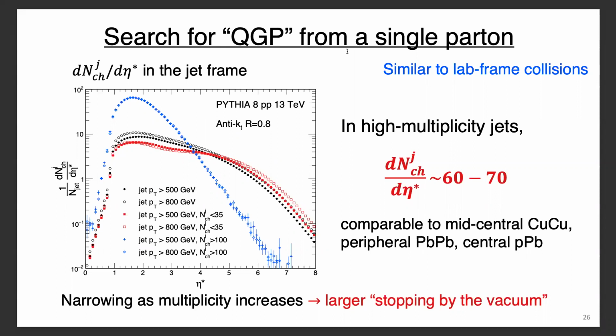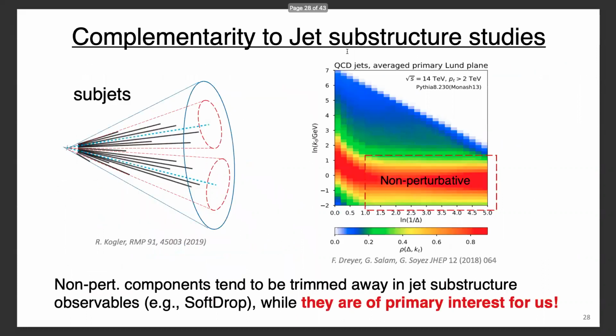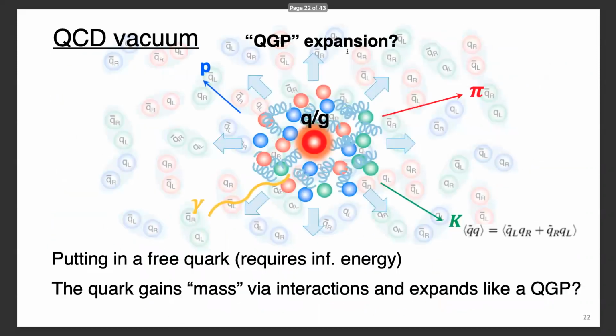So for example, actually, related to that, I would like to know what the relative V2 is, for example, between PP, PLead, and also Lead-Lead or something.